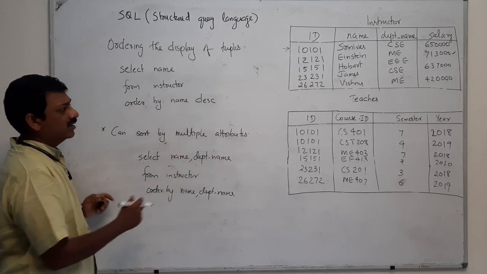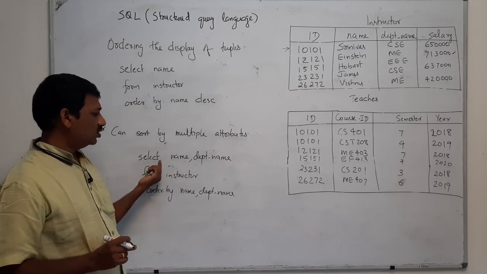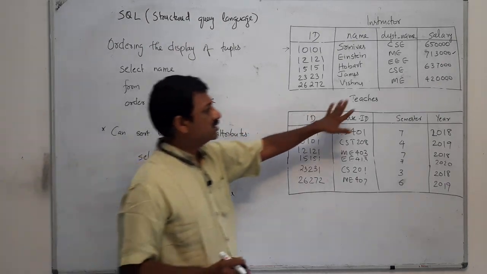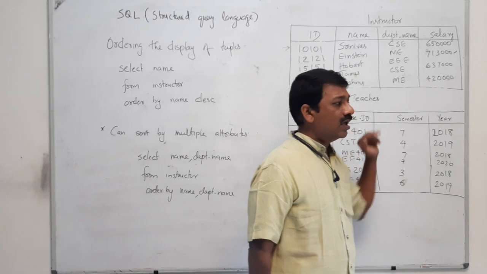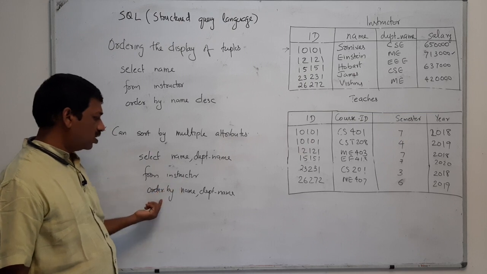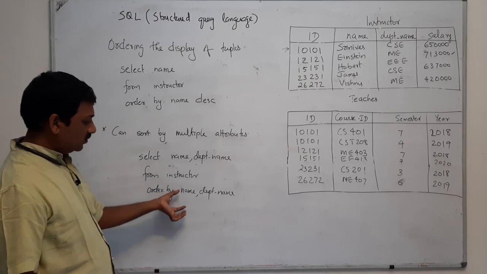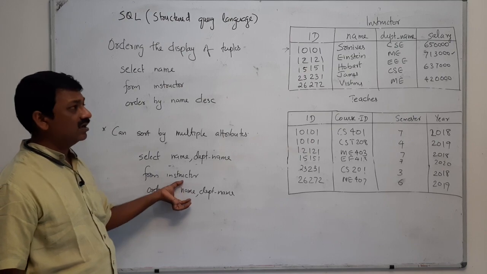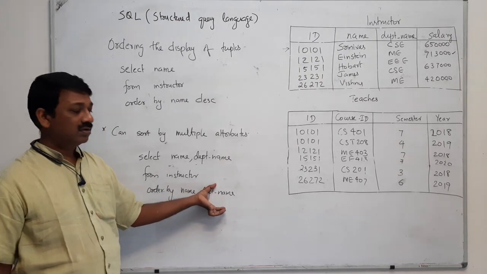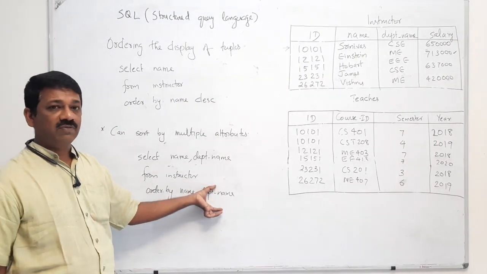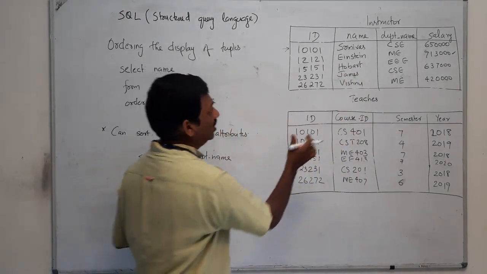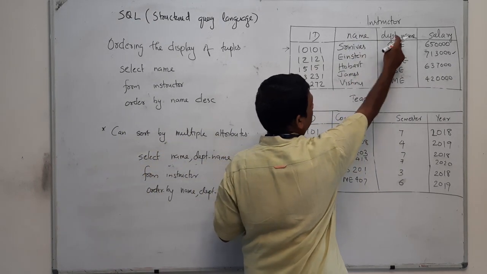So you can sort by multiple attributes. Suppose you want to display the name and department name. Both of these fields have to be displayed, so select name, department name from instructor order by name, department name. First of all it will sort these names in ascending order, and then it will sort by department.